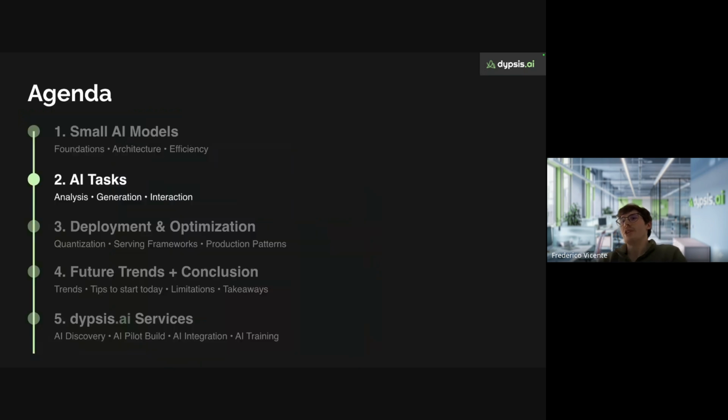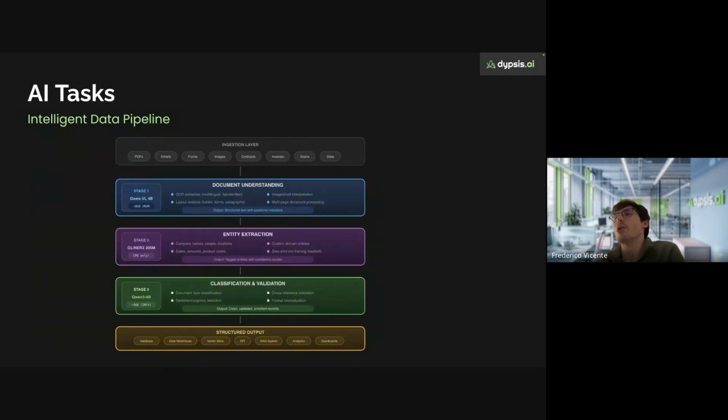Now, diving more into AI tasks. It's normal to have these pipelines for dealing with data, as we were discussing a little earlier. Companies deal with a lot of document ingestion processes, and we can categorize all these tasks in specific categories.